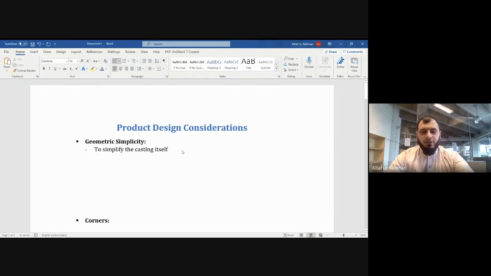Okay, so it helps in castability, so the casting will be made easy. It also helps in designing the mold for the casting.